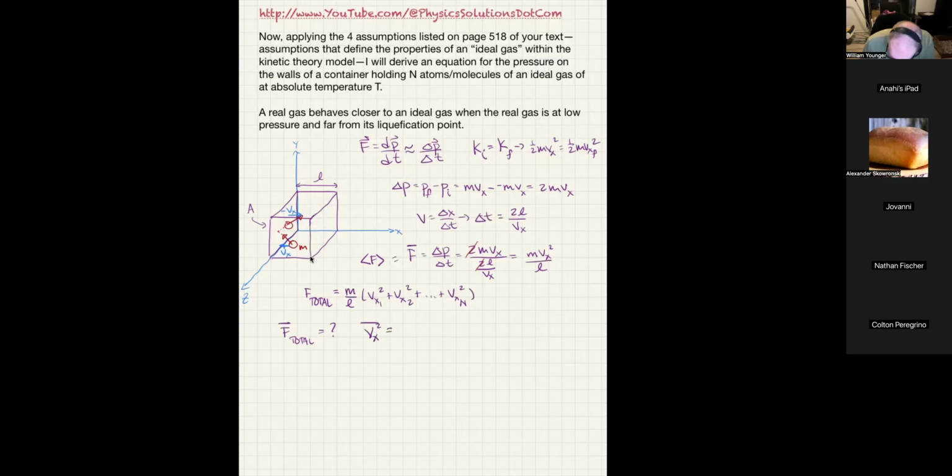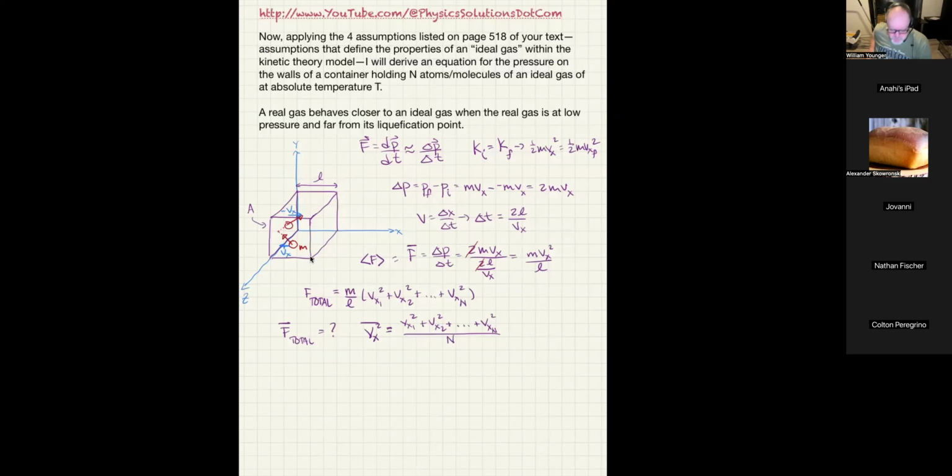The way you compute the average of a square is you take vx1 and square it, then take vx2 and square it, and keep on doing that until you get to the very last one, Vx sub n squared. Then, to make it an average, you divide by the total number of quantities, n.